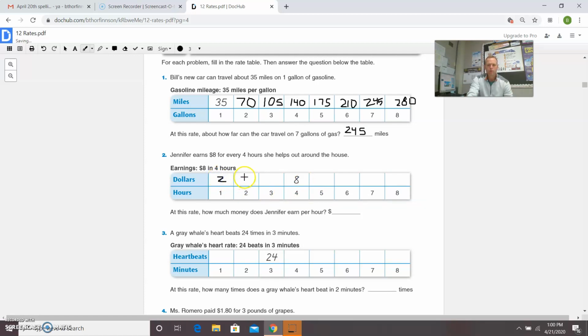So 2, 4, 6, 8, 10, 12, 14, 16. At this rate, how much money does she earn per hour? She earns $2 per hour.